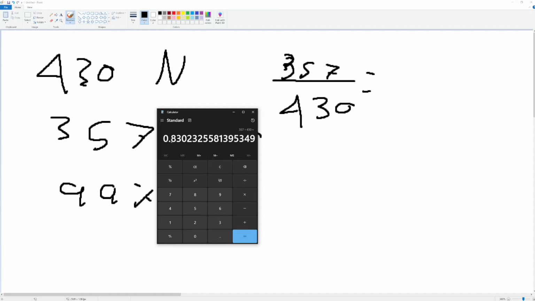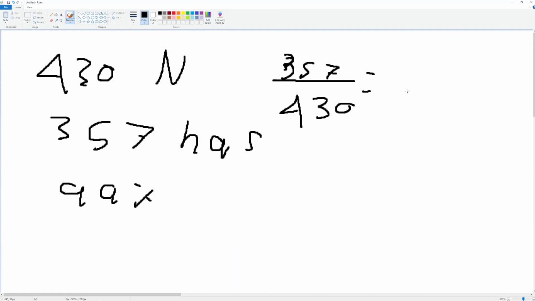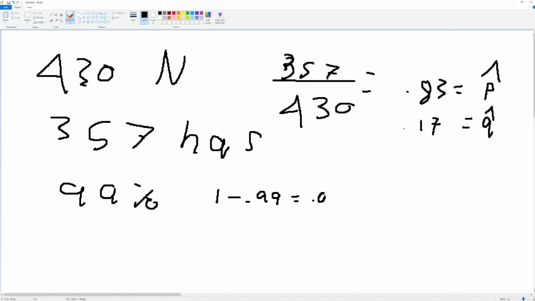Let's say 0.83. 0.83 is our p hat. You subtract from 1, you're going to get 0.17, which is your q hat. 99%. So do 1 minus 0.99 equals 0.01, divided by 2 is 0.005.